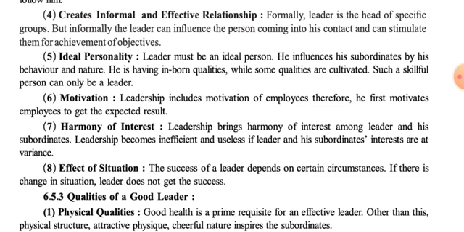Amongst them there is the requirement of one person who is the head of the group, to whom all other persons look with respect and whose orders and instructions they obey. So formally, through rules and regulations or a code of conduct, the leader is the head of the specific group, meaning he is the main member.